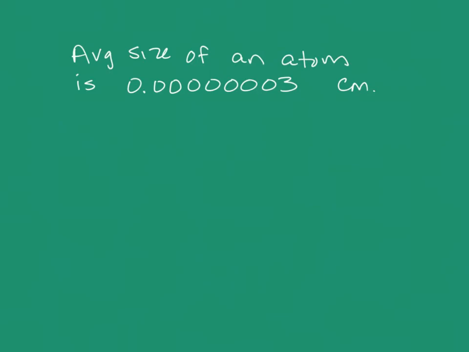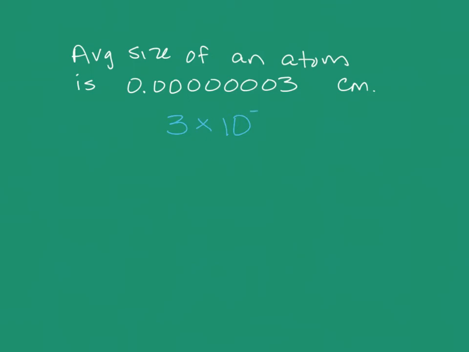What a mess. So let's move the decimal all the way over to this side of the 3 so that our front number ends up being a single digit number between 1 and 9. So 3 falls in there. We're going to call it 3.0 or just 3, because 3.0 is 3. So we're going to call it 3 times, and it's going to be how many times we moved it in that direction to make it seem not so small.